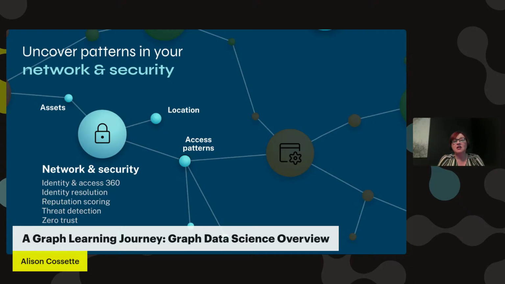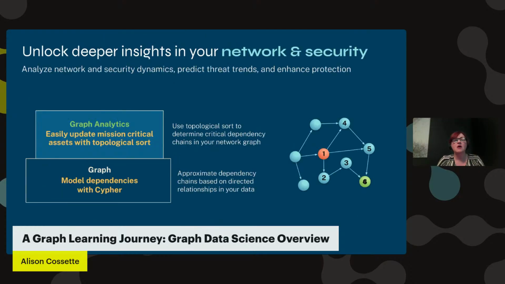And then honestly, threat detection, reputation scoring, there are lots of ways that you can look in network and security to have some additional pieces there. Access patterns, as an example. Usually you're looking at model dependencies with Cypher, so potentially approximate dependency chains in directed relationships.